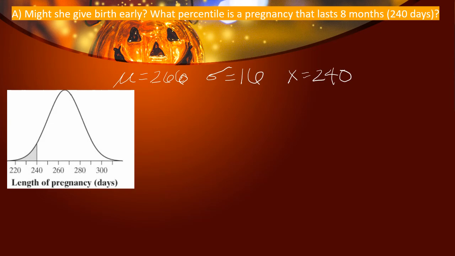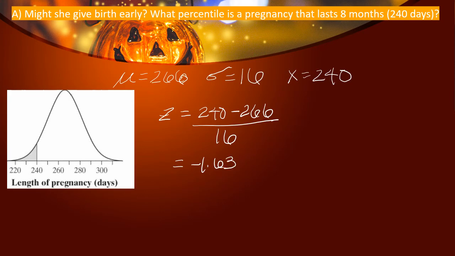So first step, write down what we know, then draw our distribution. Then we need to come up with a z-score. Our z-score is going to be 240 minus 266 divided by 16. And when I do that, I get a z-score of negative 1.63. So I need to find the percentile for a z-score less than negative 1.63, because that's what I shaded in.